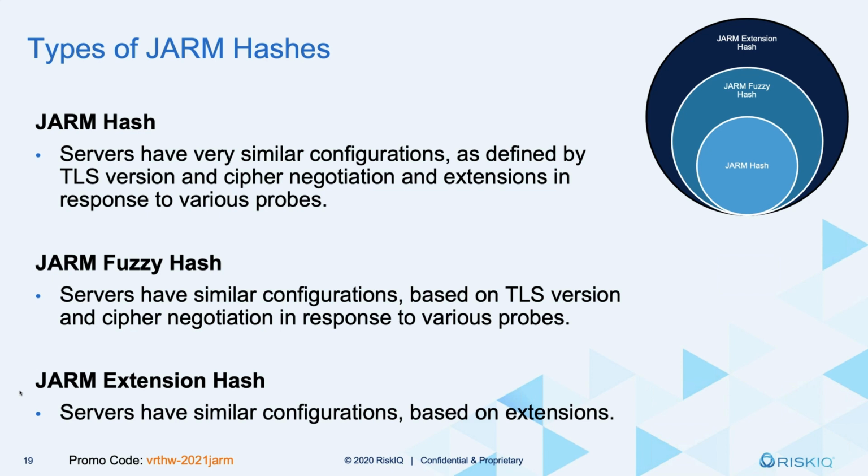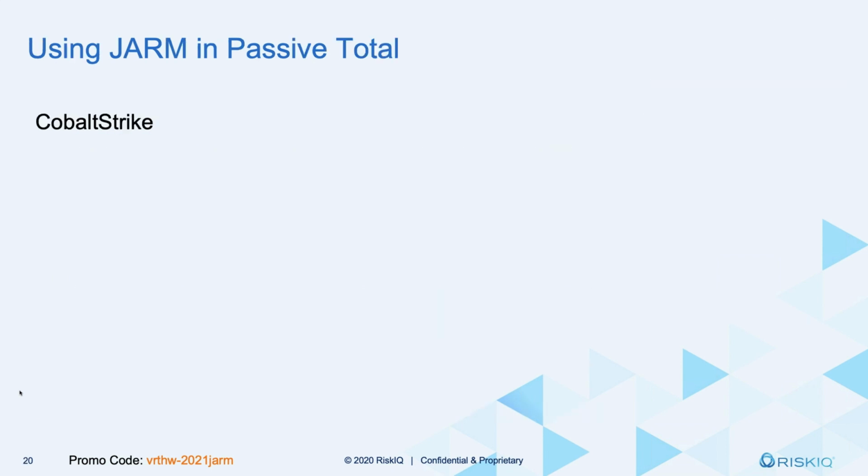Even though the JARM hash is the same, that's from the web server's perspective. But there might be other stuff that uses the same web server configuration, but it's not exactly 100% identical. So one of the things I wanted to do was look at something like Cobalt Strike and ask, can I use the JARM hash and, with a single click, illuminate every Cobalt Strike server in the world and find it?